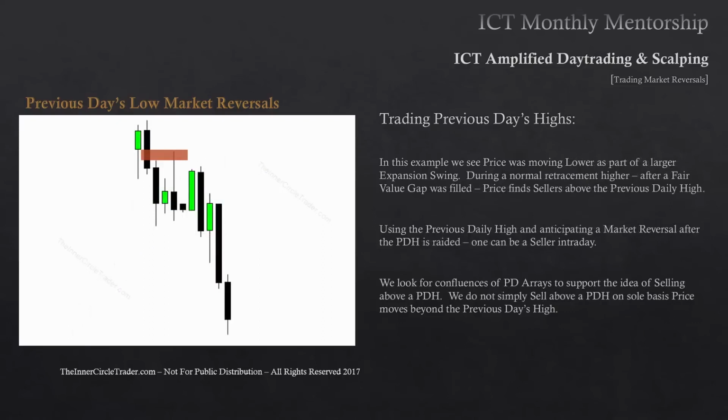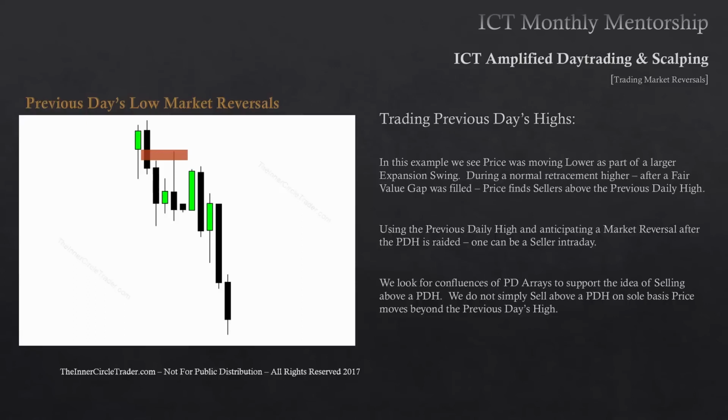Now, trading previous day's highs, if I'm bearish on the market and institutional order flow is suggested to go lower in the higher time frames, I like to look for reasons to see price move up into a short-term premium array, and like we see in this example here, price was moving lower as part of a larger expansion swing.